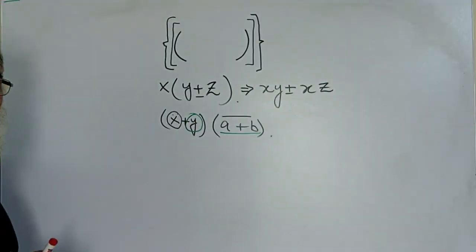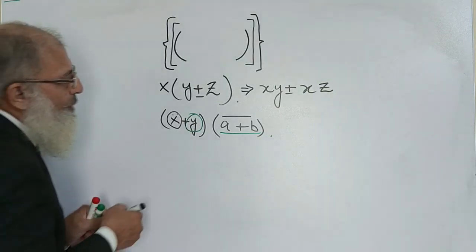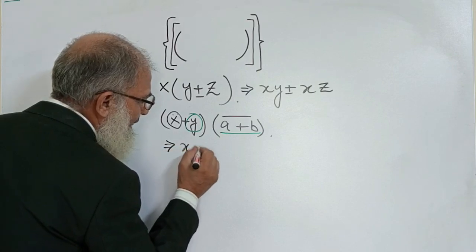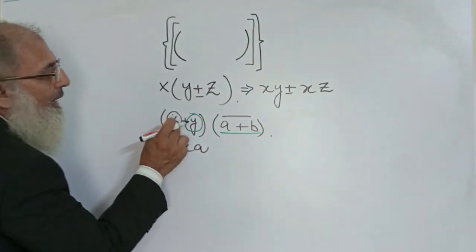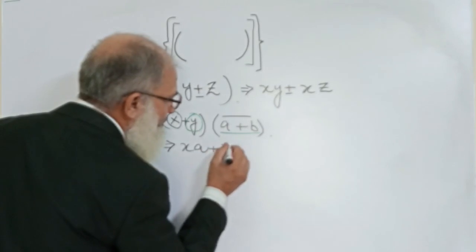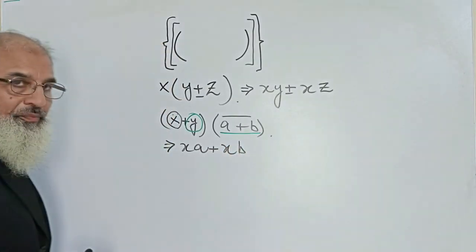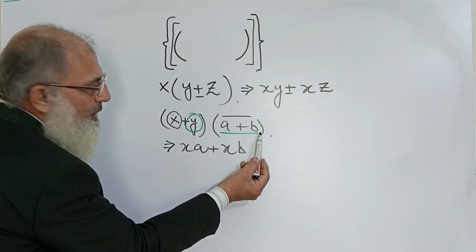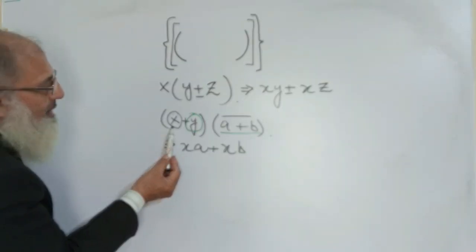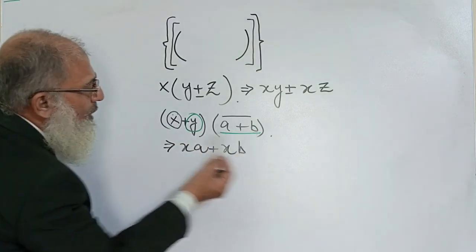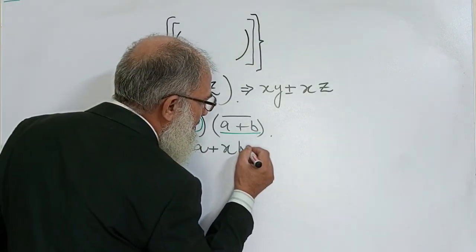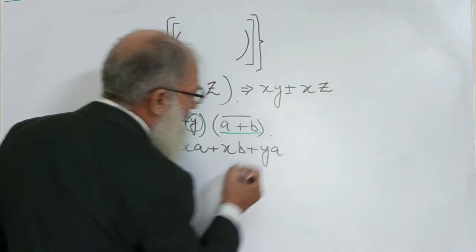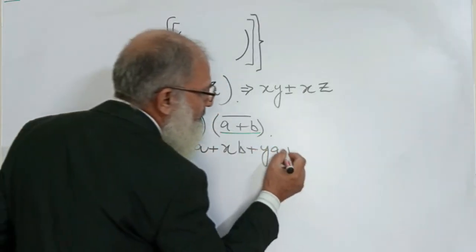Let me color it like this. So what will happen over here? XA, it will become XA plus XB. Now you see that there are no more members over here. So X is completed with the two. Now it is time for the Y. YA plus YB.